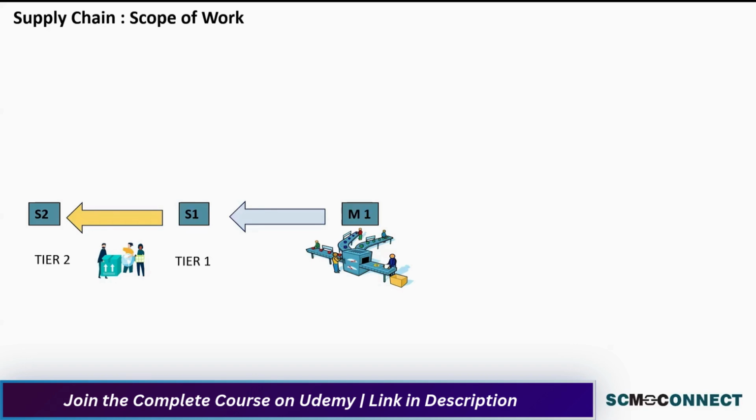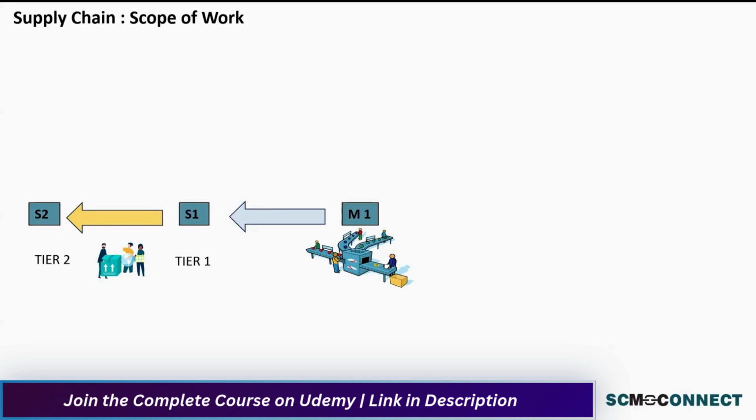So for a company like Maruti, who would be a tier 1 supplier? Let's say the organization which is manufacturing tires would be a tier 1 supplier, and tier 2 supplier would be who is supplying processed rubber to the tire manufacturer.